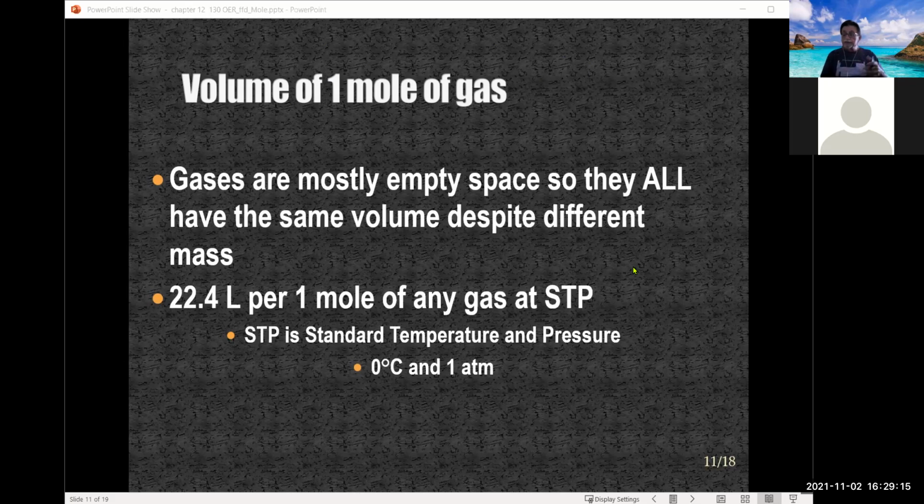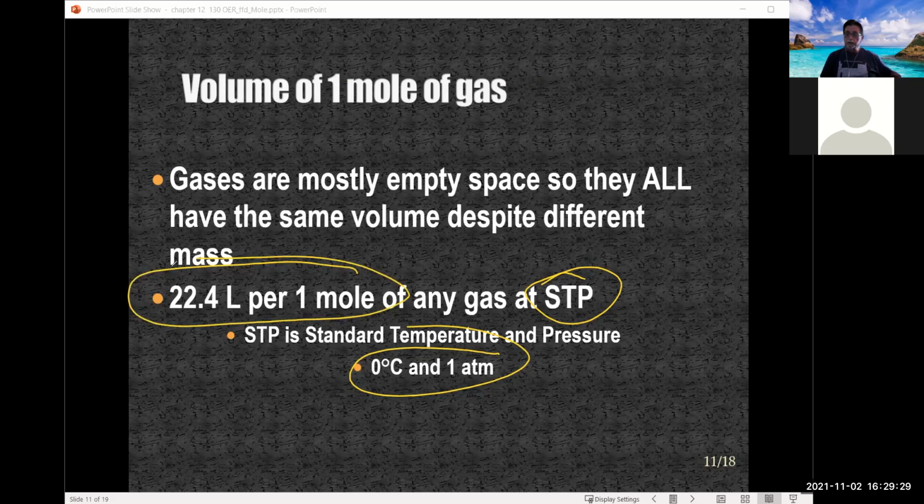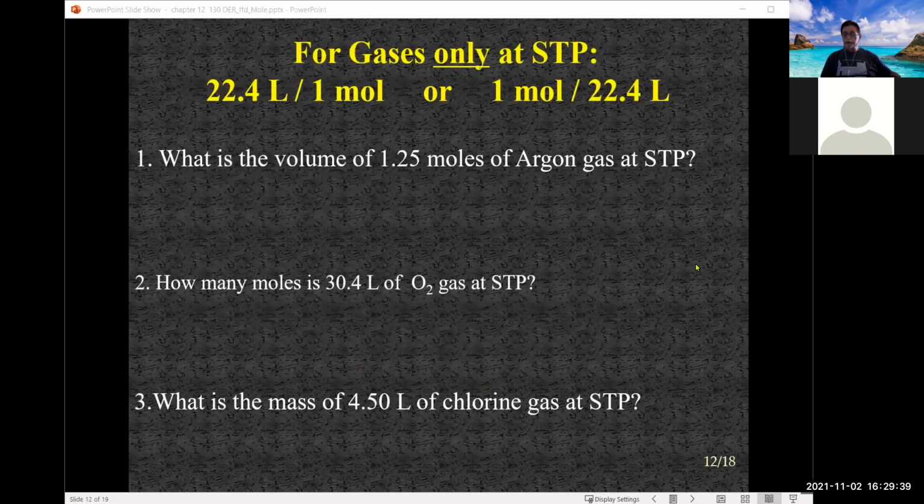However, sometimes you may see problems where they don't mention the word STP, but they give you 0 degrees and 1 atmosphere. That should tell you, I'm at STP. I can utilize this relationship right there, 22.4 liters per mole. Okay. How do I utilize that? Well, let's try a couple of problems.